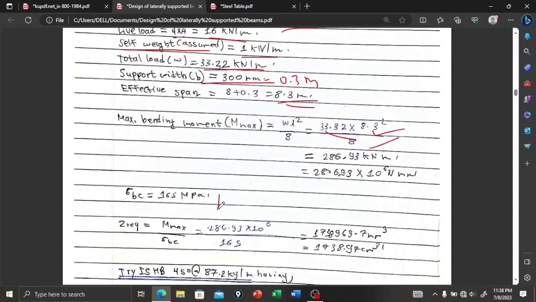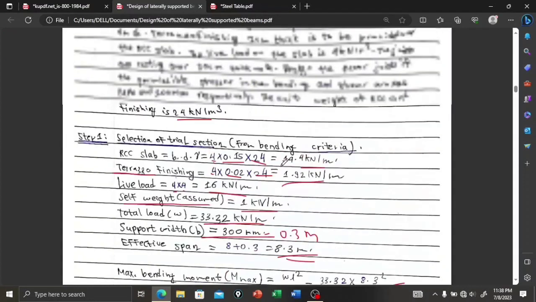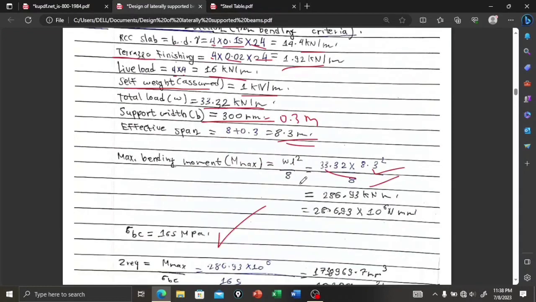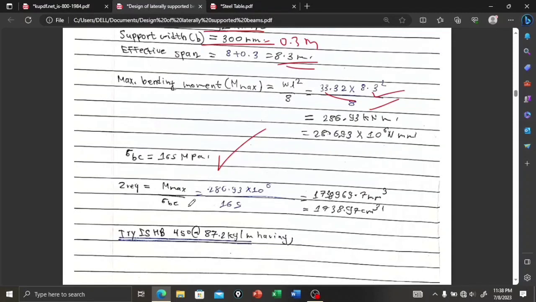Sigma bc is given in the question as 165. Permissible stress in bending is 165. Z is M by sigma, 286.93 into 10 power 6 divided by sigma 165, that is 1738969.7 mm cube.